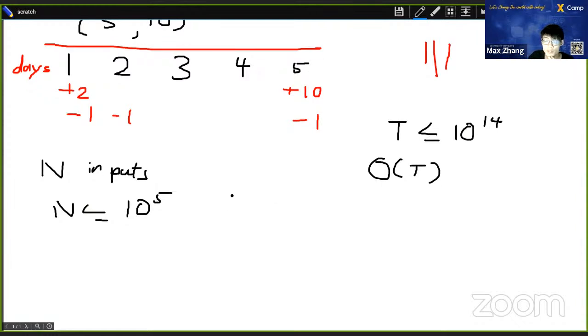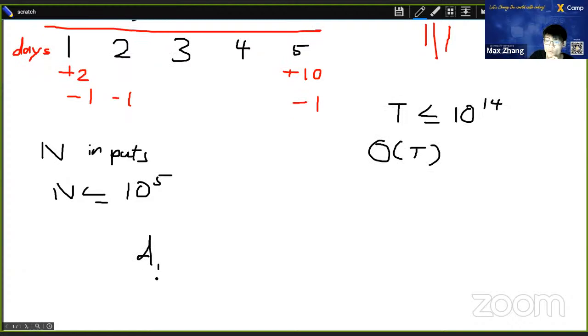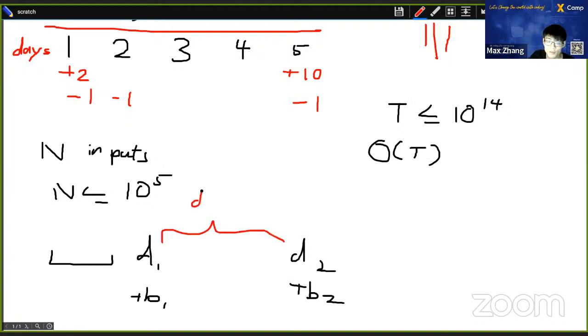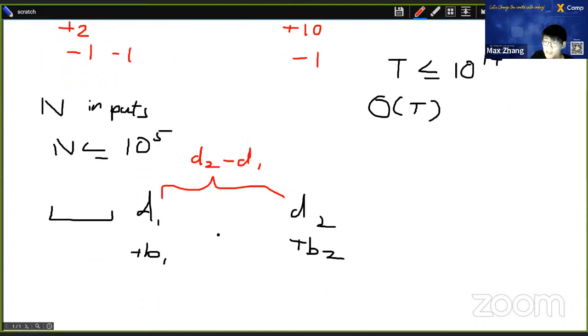To be more precise, on day D1, we get plus B1. Any day before D1, we have no hay bales because we didn't start with any, so there's nothing added to our answer. Then when we get to D2 and plus B2, we know that in between there were D2 minus D1 days, and between those days we had B1 hay bales total.